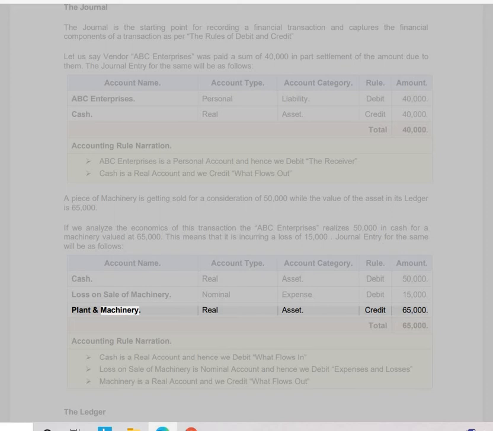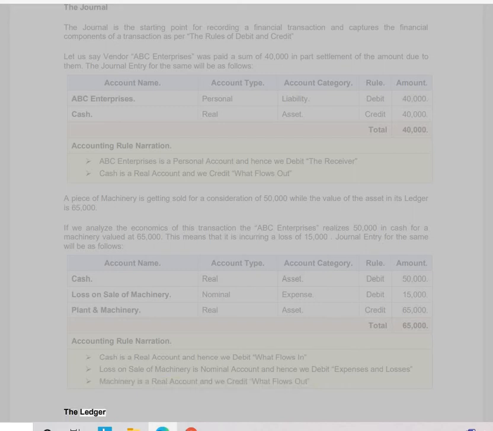Plant and machinery, real asset, credit $65,000. Total $65,000. Accounting rule narration: Cash is a real account and hence we debit what flows in. Loss on sale of machinery is a nominal account and hence we debit expenses and losses. Machinery is a real account and we credit what flows out.